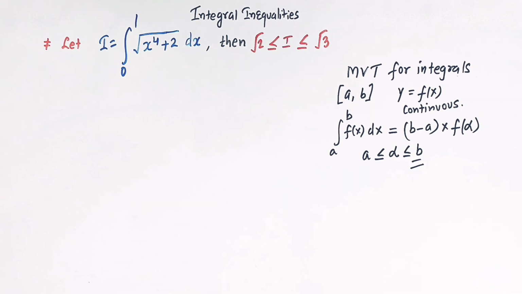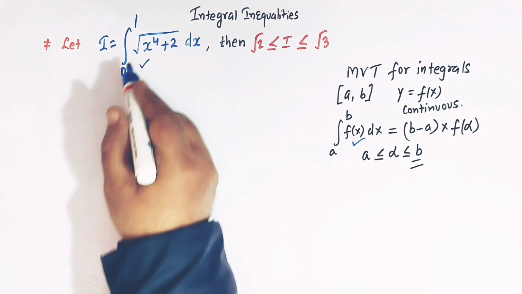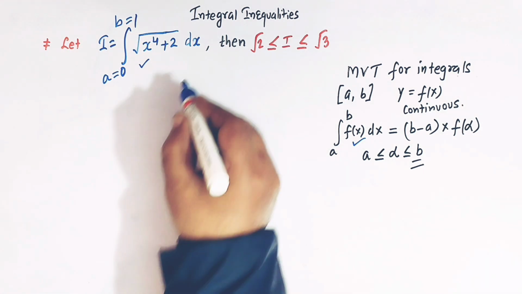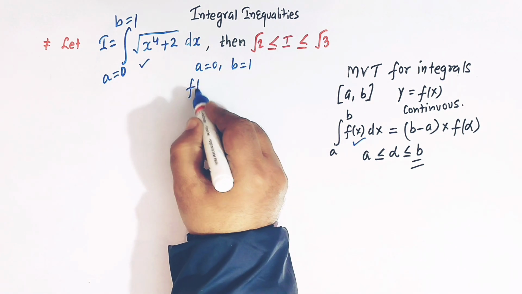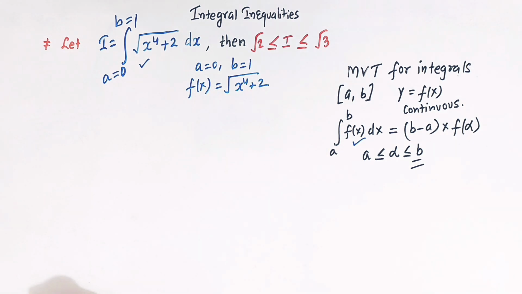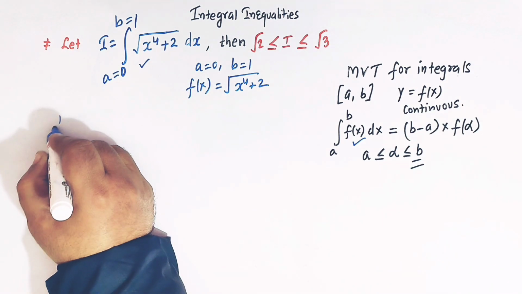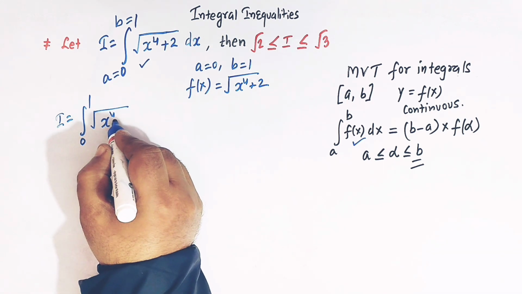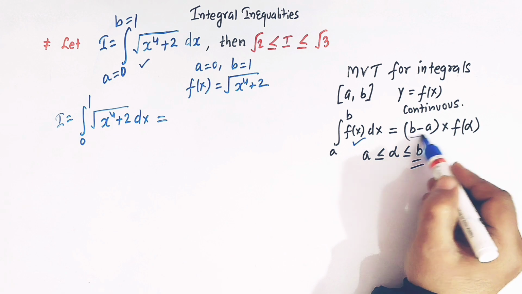So now if we compare this integral with this one, then we can see that the value of a is 0 and the value of b is 1, and f of x is given by square root of x raised to 4 plus 2, right? So using this result, we can now write this integral I, that is 0 to 1 square root of x raised to 4 plus 2 dx, is equal to b minus a.